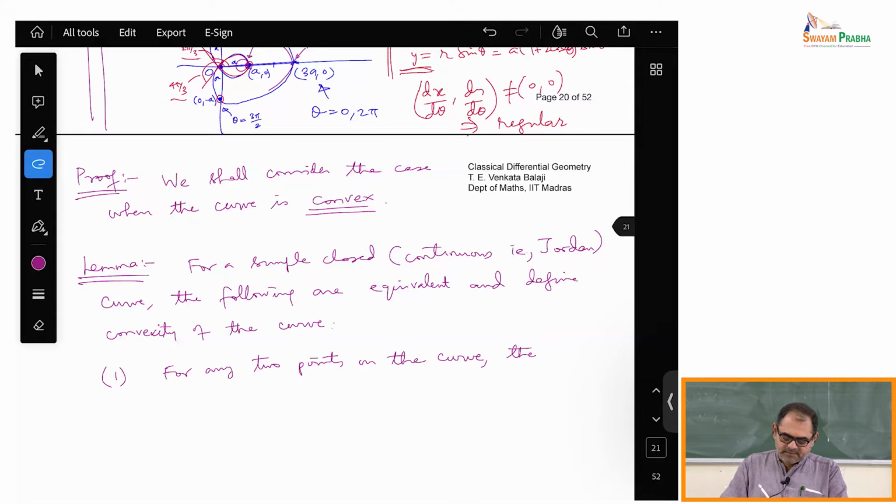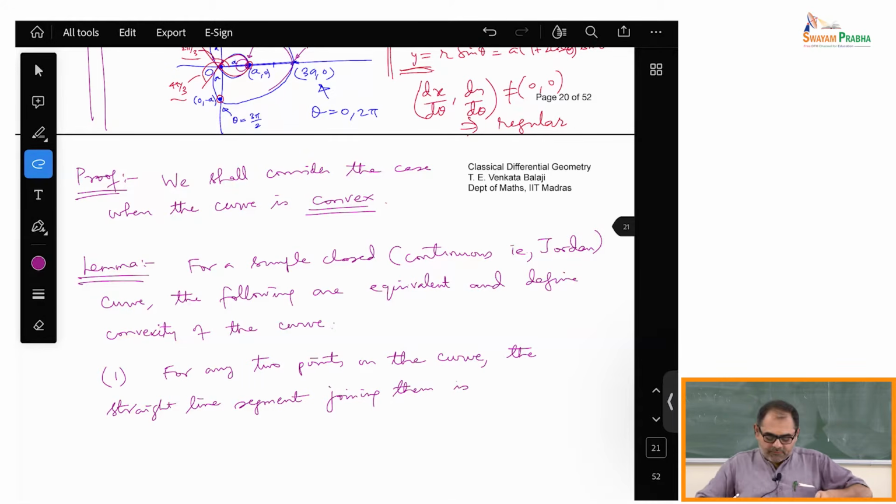For any 2 points on the curve, if you take the straight line segment joining those 2 points, every point on that straight line segment is either in the interior of the curve or it is on the curve itself.